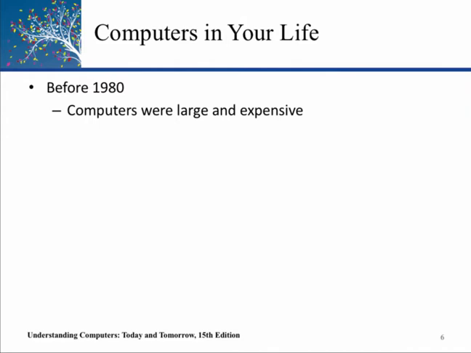They were big, and not only were they big, they were so expensive that very few people had access to them. A computer was used for very, very complex things back then, and things that wouldn't be complex today were complex with that era of technology.